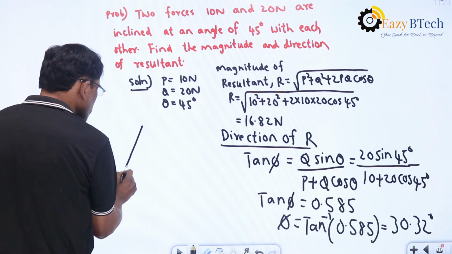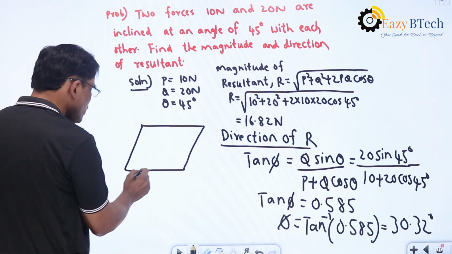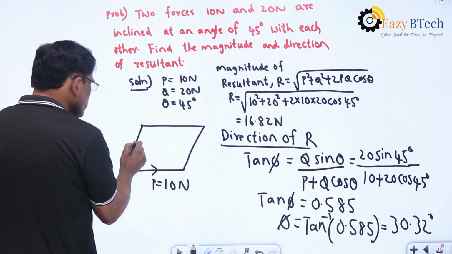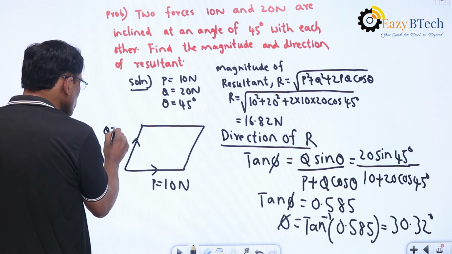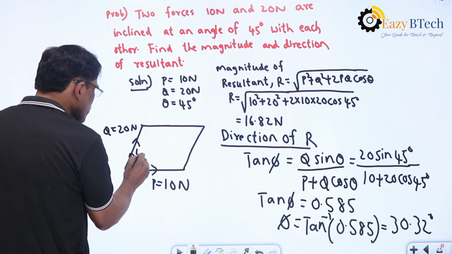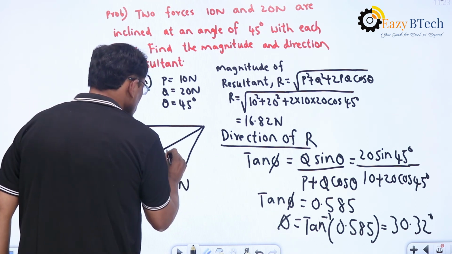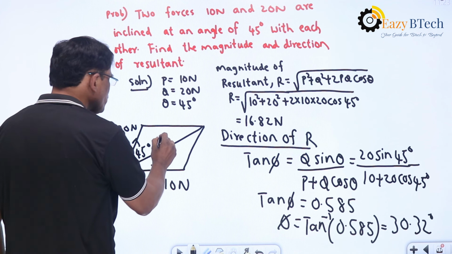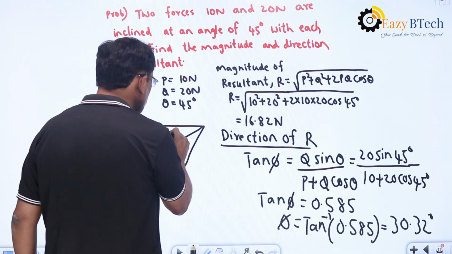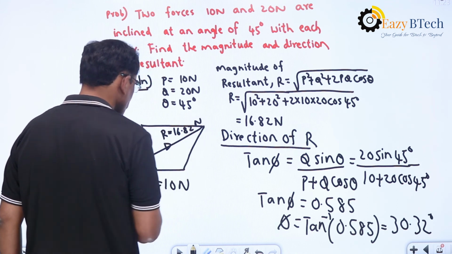So finally, if you represent by a parallelogram like this, this one is P is equal to 10 newtons. This one is Q is equal to 20 newtons. And at the beginning, this angle is 45 degrees. And now this diagonal represents the resultant. And this resultant value is 16.82 newtons.